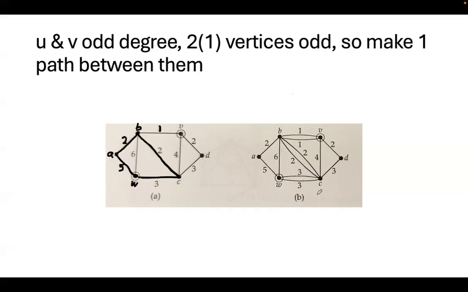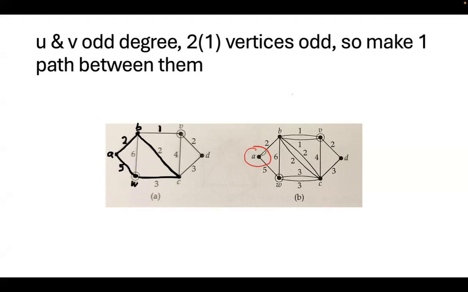Okay, so we find the shortest path, and then I think the goal, which they didn't state very clearly, is to go from A all the way around back to A. And so this is where Fleury's comes in.